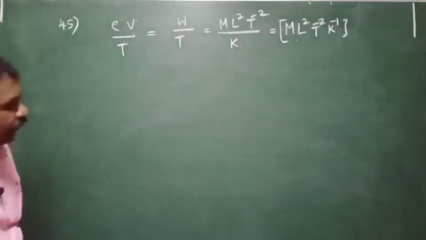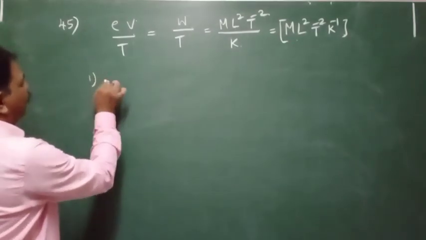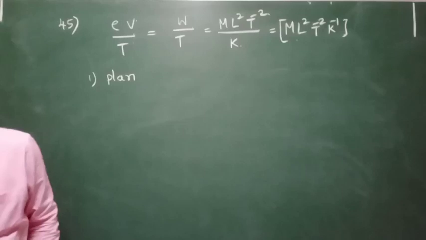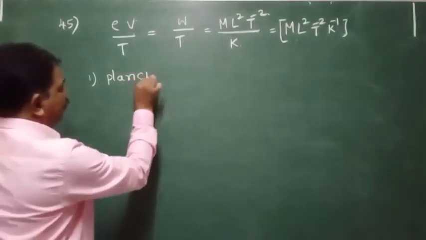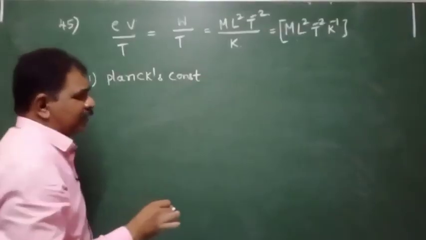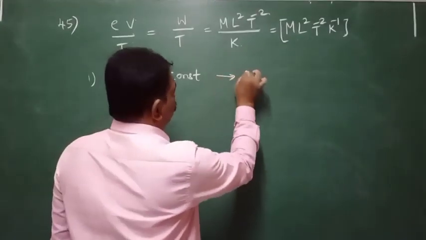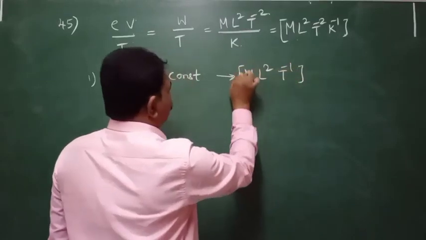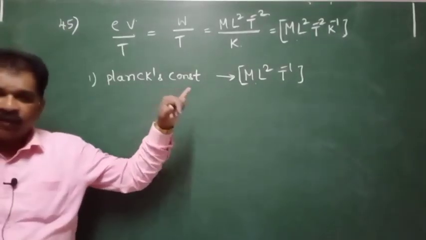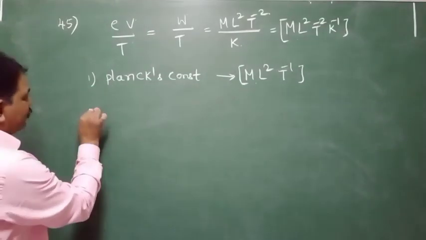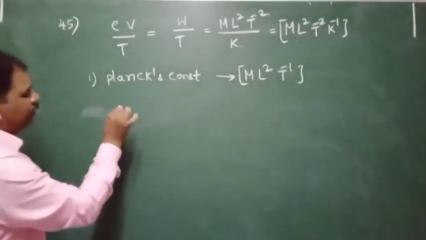Other quantities, if we observe, the first one is Planck's constant. The dimensional formula of Planck's constant is mL square T power minus 1. How did this come?